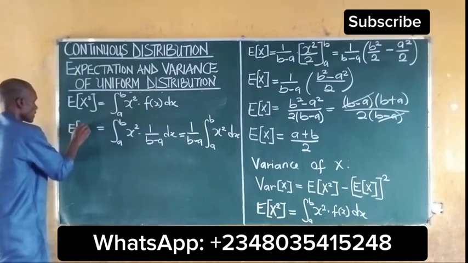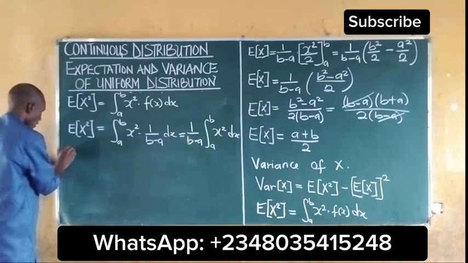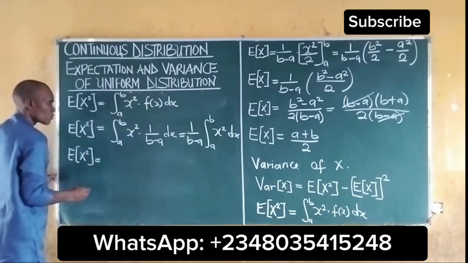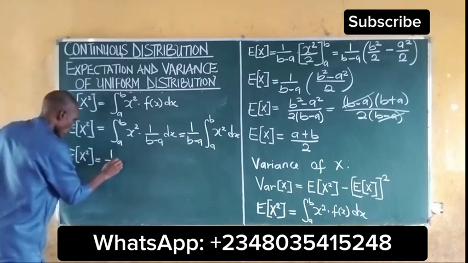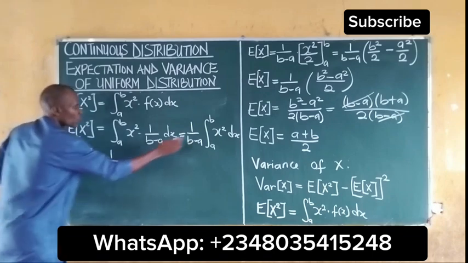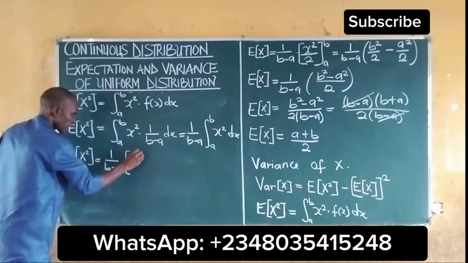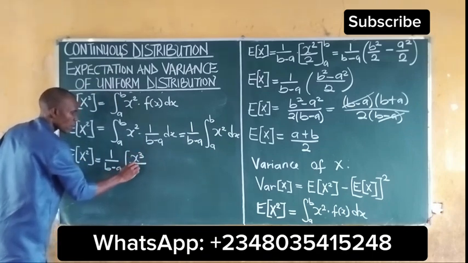It then means that the expected value of x squared is equal to 1 all over b minus a. If we integrate x squared, we'll get x raised to the power of 3 all over 3.